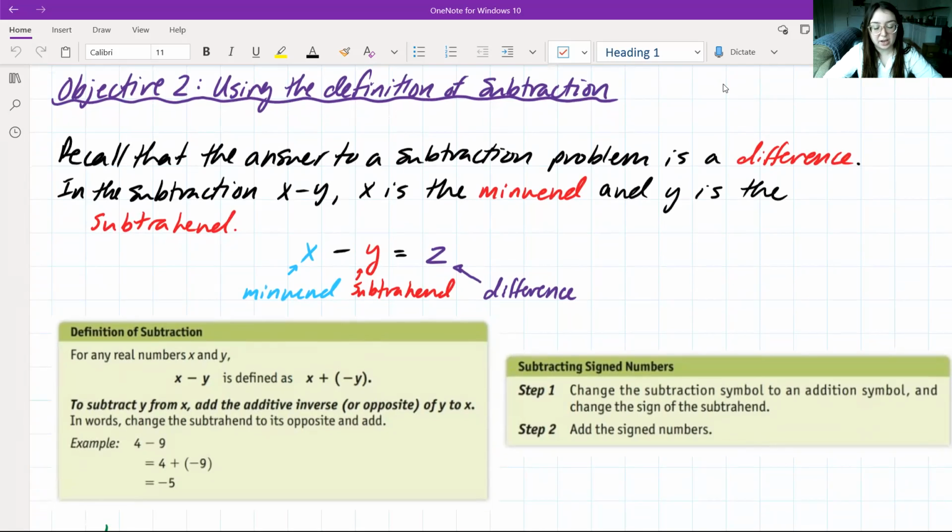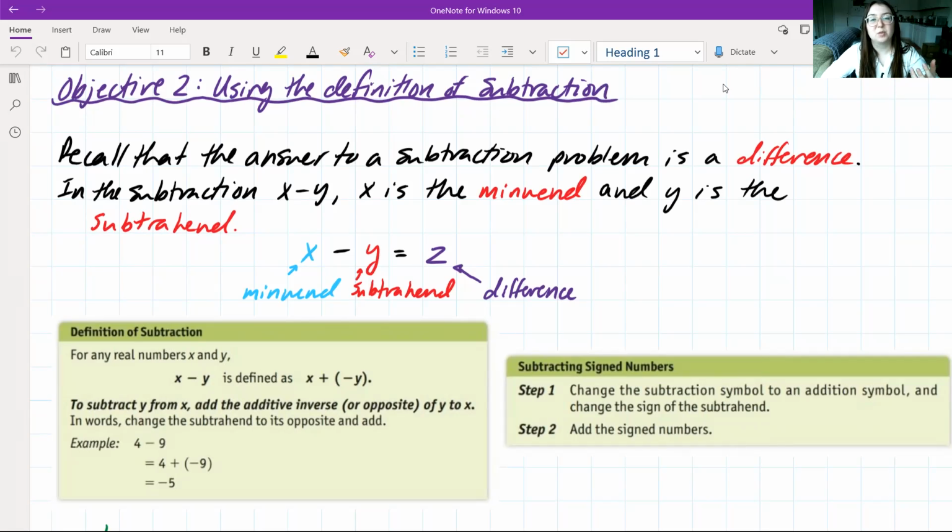To subtract y from x, we add the additive inverse, or the opposite, of y to x. In words, we change the subtrahend, so the second number, the number that you are subtracting from the first, to its opposite, and we add.